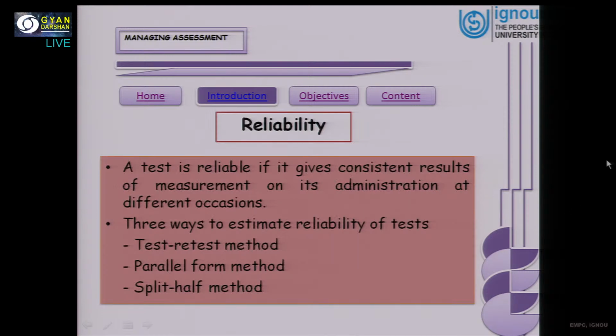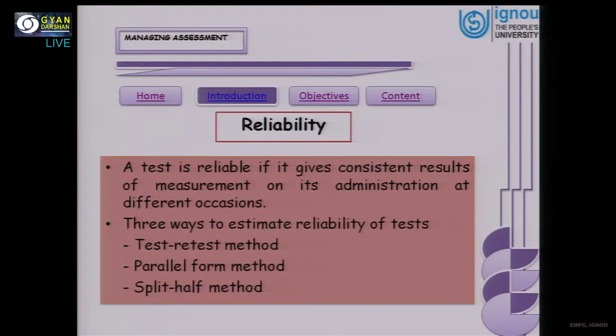What do we mean by reliability? A test is reliable if it gives consistent results of measurement on its administration on different occasions. So, at whatever period we conduct the test, at whatever context, at whatever time, it should give the same score.